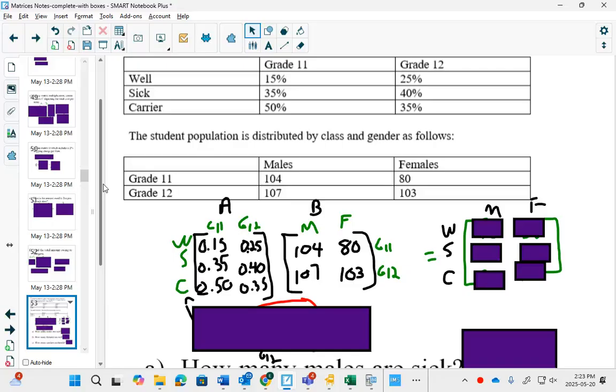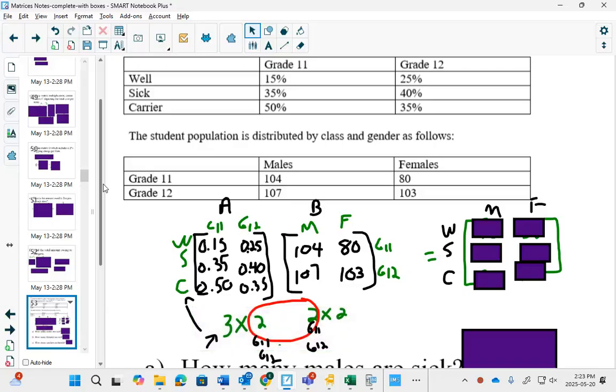The important thing here is that if I do this, matrix multiplication works, and the columns of matrix A and the rows of matrix B match up, and they represent the same thing in the same order. And if you type this into your calculator, trust me, you'll get those numbers.